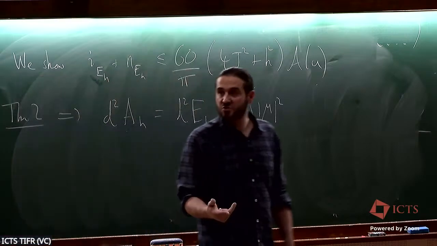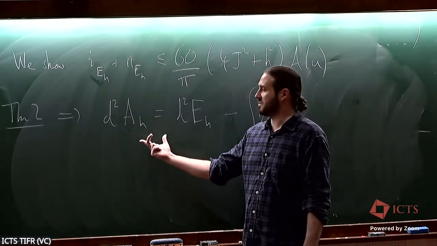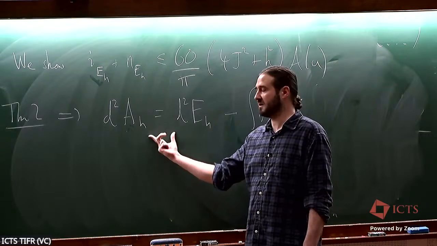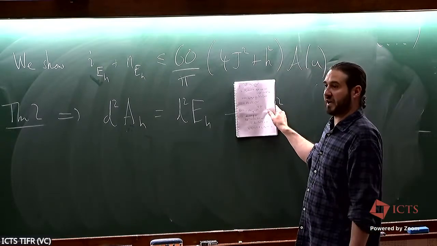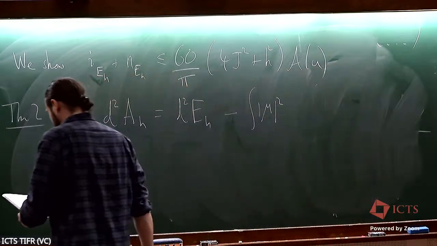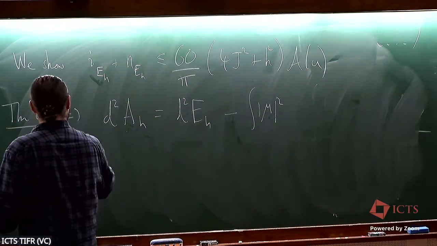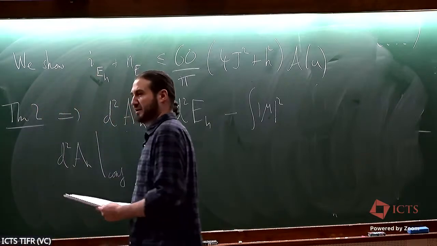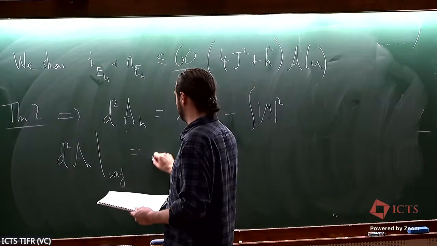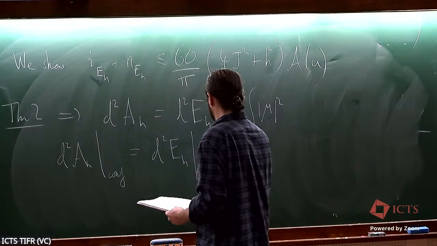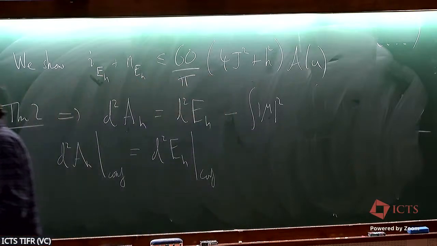If I restrict to the class of immersions which fix the conformal class, then they're exactly the same. There's no defect. So in other words, I'm going to write it like this. The Hessian of this restricted to the conformal class is just that, restricted to the infinitesimally conformal variations.